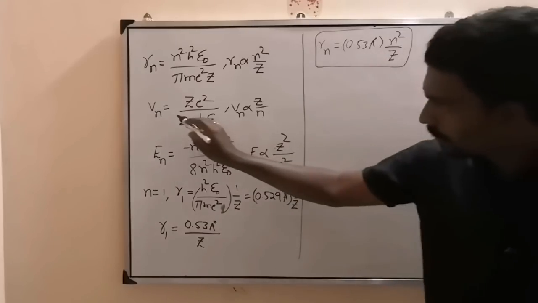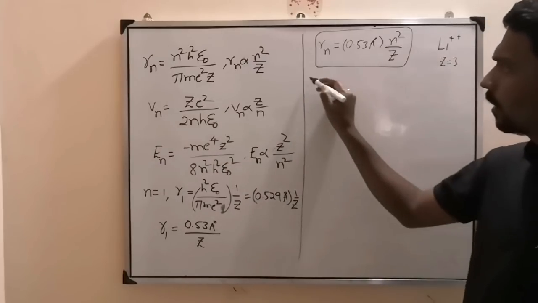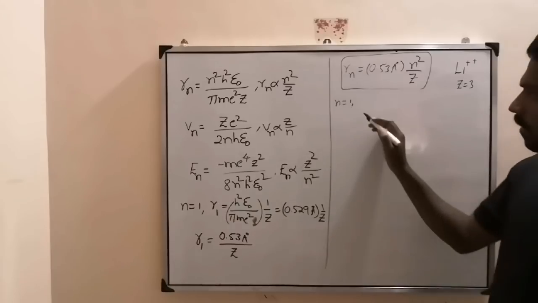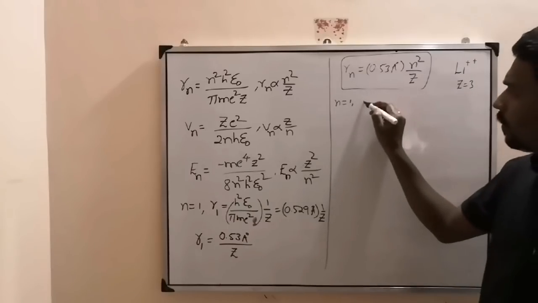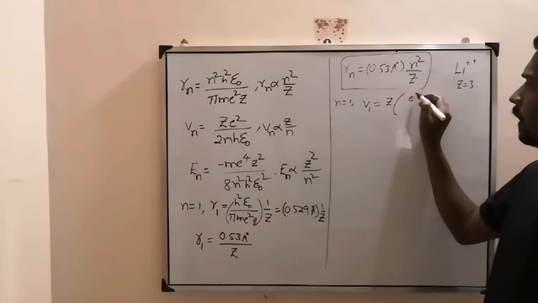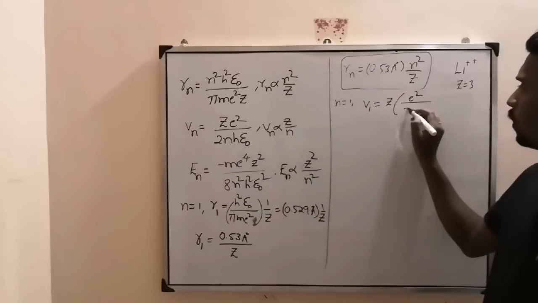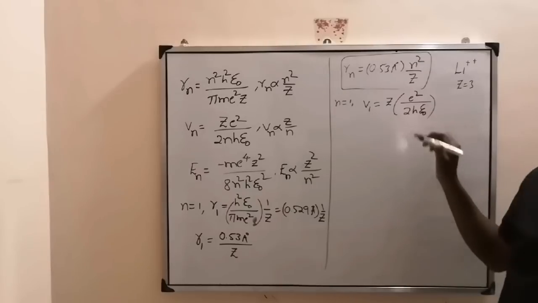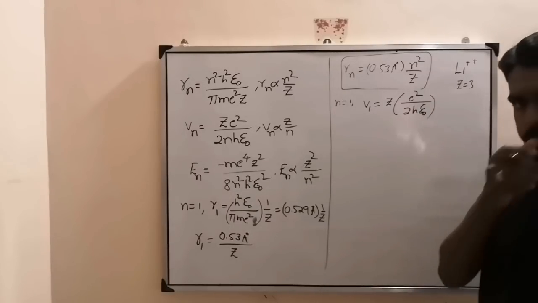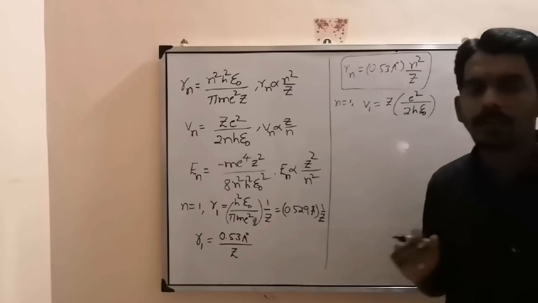Next, similarly if you consider Vn, for n equal to 1, V1 equals Z into e square by 2 h epsilon naught, where e, h and epsilon naught are constants, which are the same for every atom.